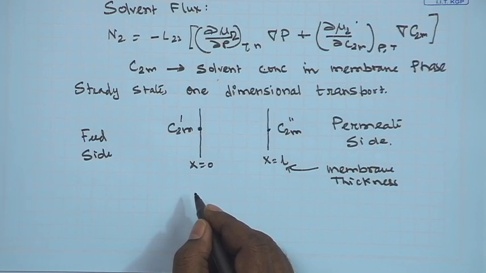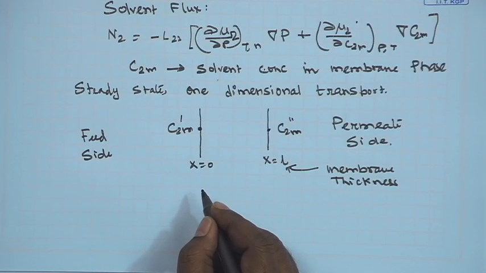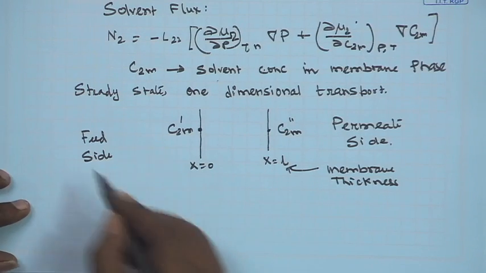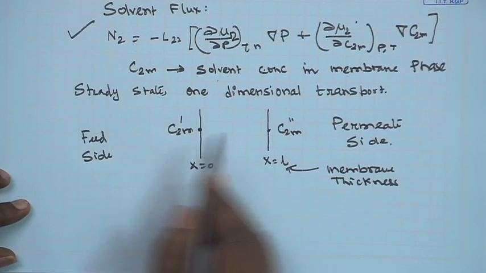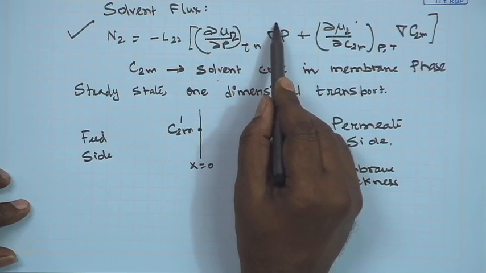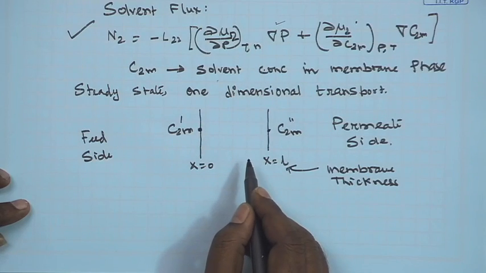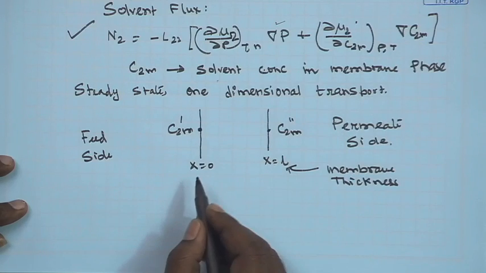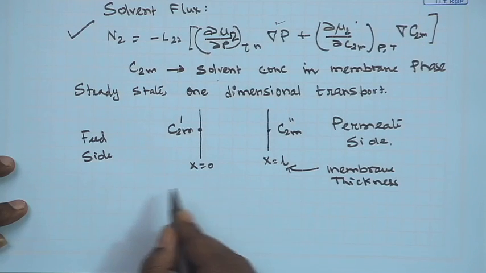Okay. Now, we will be considering a one dimensional and steady state system, and therefore, we can expand this equation. In this equation we can write delta p as dp dx and delta C_2m as dC_2m dx, and then integrate along dx.